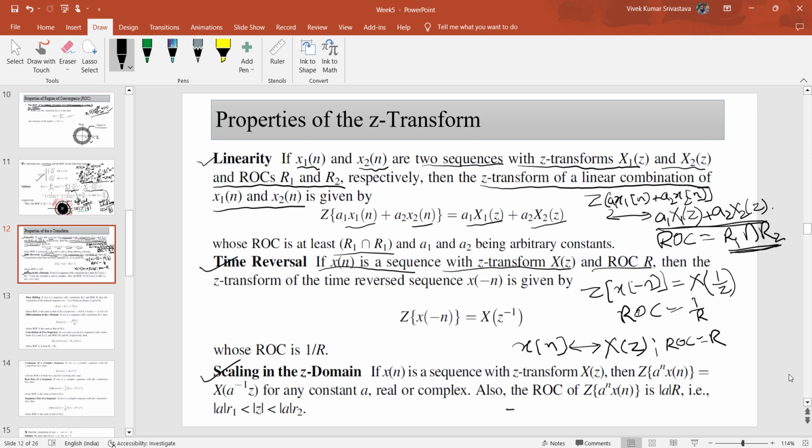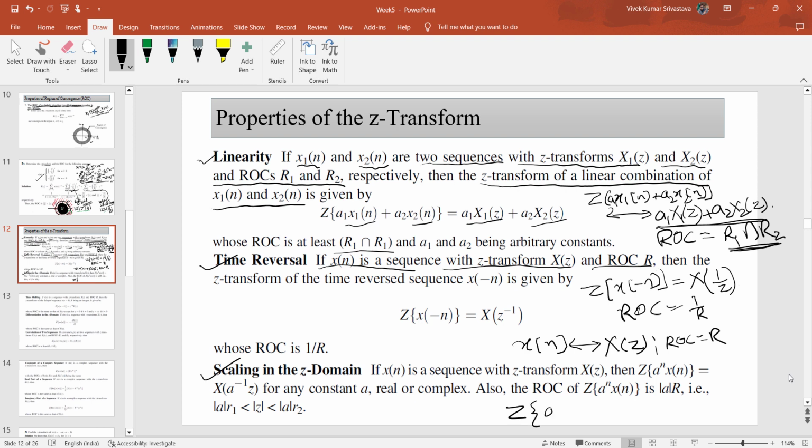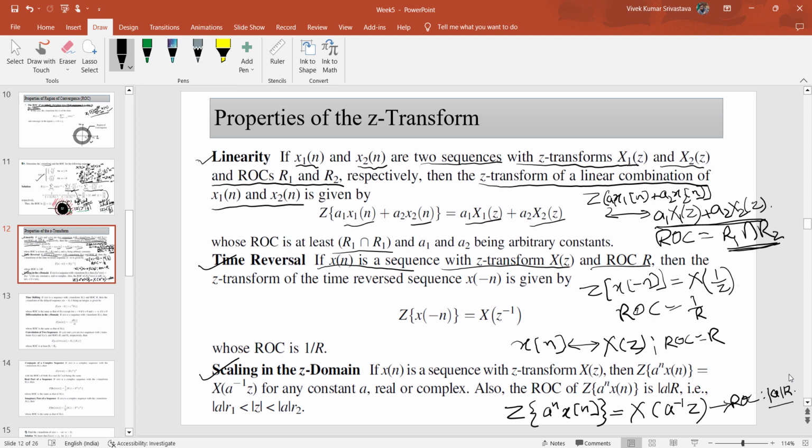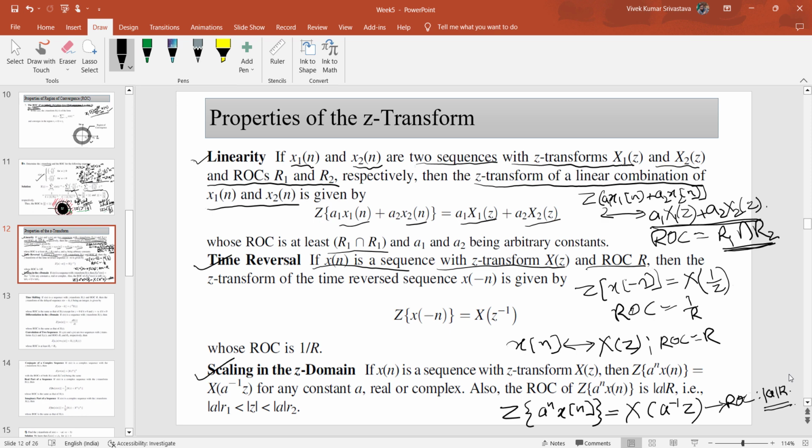The z transform of this signal is X of a inverse into z, and the ROC will also change: it is mod of a into R. So if x of n is known and its z transform X of z is already known, then for evaluating the scaled function a raised to the power n x of n, we can use this.